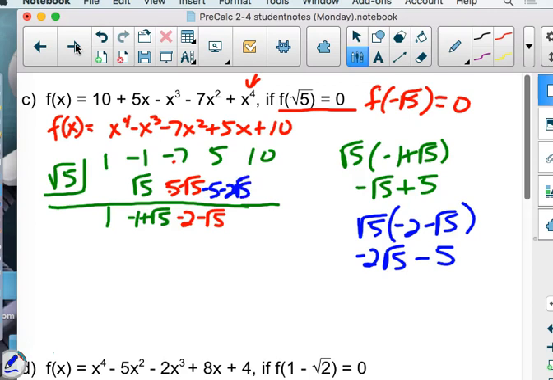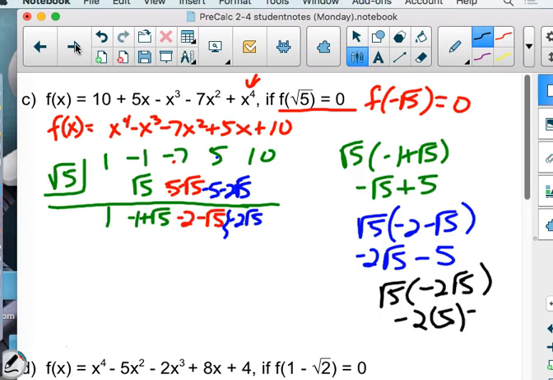And I should have spread this out a little bit farther. I'm going to really be sinking here for room. All right, but 5 and -5 are going to cancel out, and we will get -2 square roots of 5. And we go one more time out by the square root of 5 times -2 square roots of 5, and we will get -2 square roots of 25, which is going to be -2 times 5, which is -10.